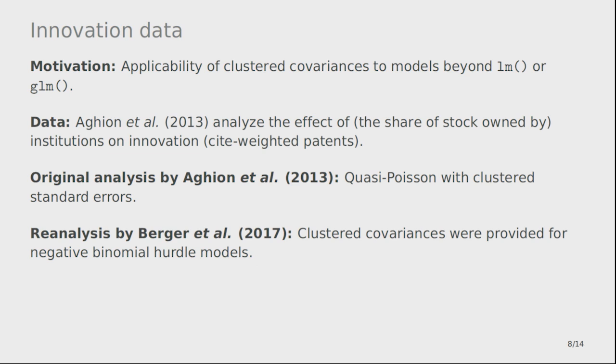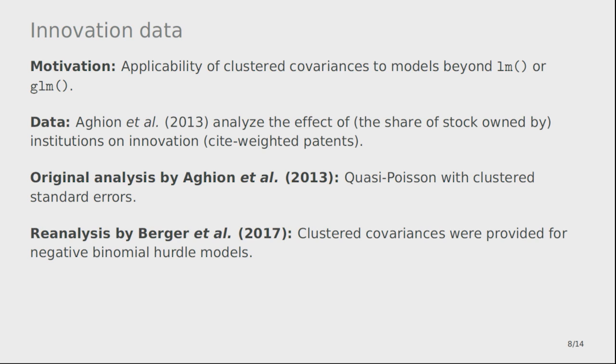So the main motivation for a new object-oriented implementation of clustered covariances in sandwich was the applicability beyond lm or glm objects. And in the following example, I will make use of this object orientation and estimate clustered standard errors for a count data hurdle model. Here we have data from Aghion et al., and they investigated the effect of institutional ownership on innovation.